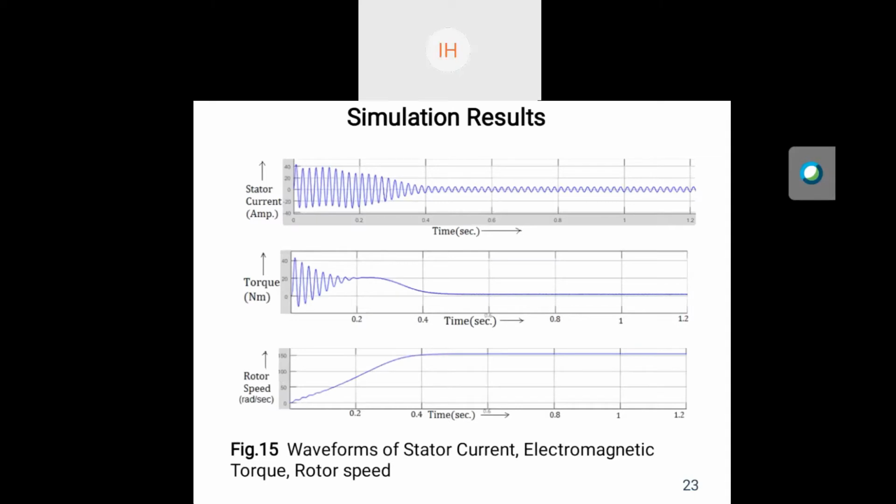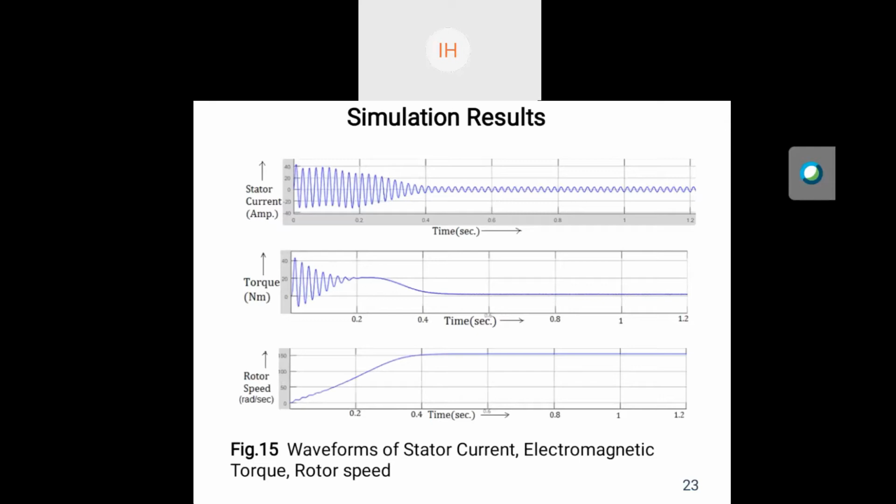So here is the simulation result of this simulated diagram. The waveform of stator current, waveform of torque, and waveform of rotor speed is shown in this figure. Initially before 0.4 second there is a ripple in the current, and after 0.4 second it is quite stable.